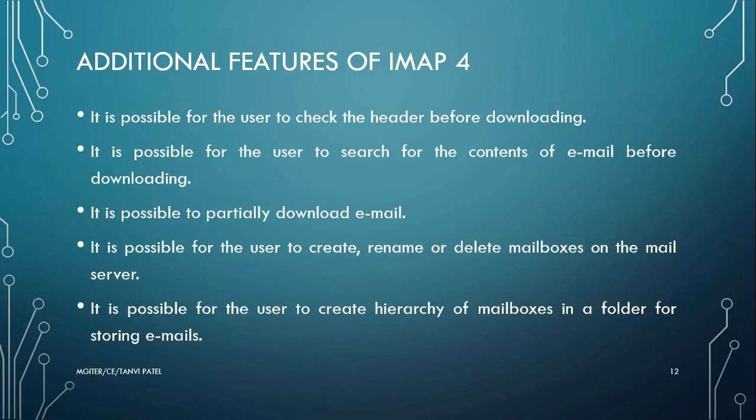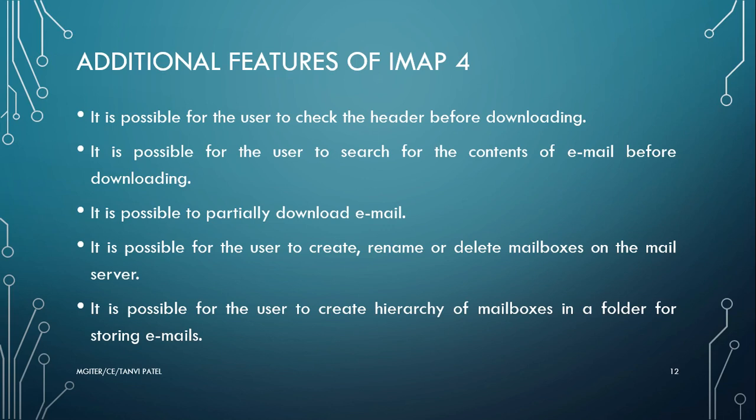Now, additional features of IMAP4. It is possible for the user to check the header before downloading the mail. It is possible for the user to search the content of an email before downloading. How do you search in your Gmail? It is possible to partially download email.